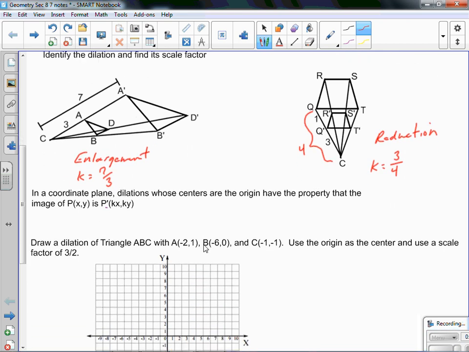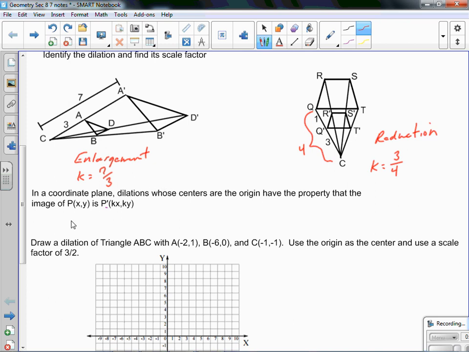All right, so then in a coordinate plane, so instead of just having a random picture, if we put these in a coordinate plane where we have coordinates plugged in, and with the dilation whose center is at the origin, that's all we're going to deal with here, dilations where the center is at the origin, because it gets a little more difficult if we do it otherwise.